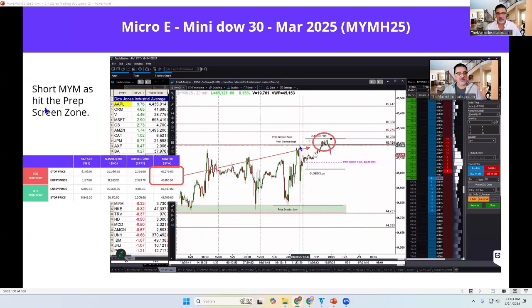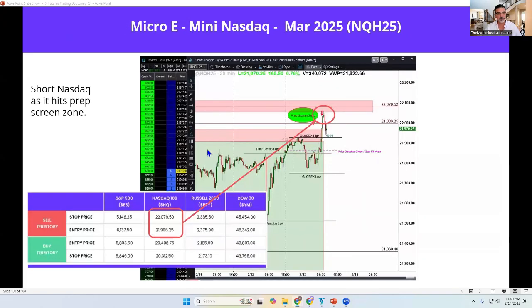Another short trade example using our prep screen zone. These are some older ones, but we do have some that just happened this week as well. Short to NASDAQ. Price came right up into a prep screen zone. Oh, this was yesterday. That turned out to be a pretty good trade too.